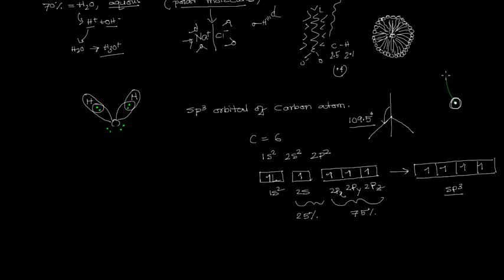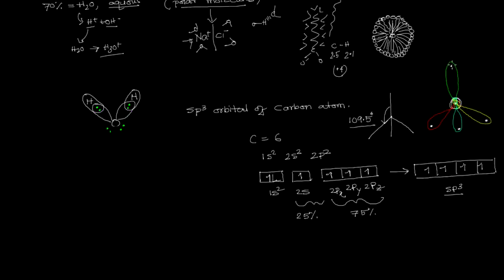This is the first sp3, this is second, this is third, now this is fourth. Now each orbital has one single electron and these electrons are spinning around along the axis of the sp3 orbital.